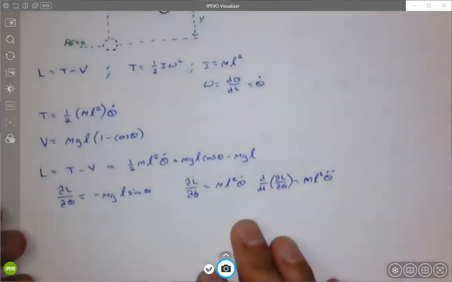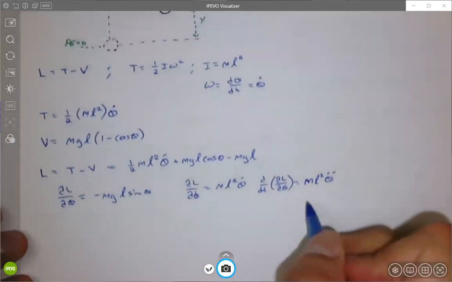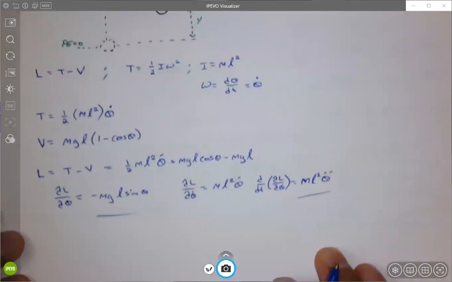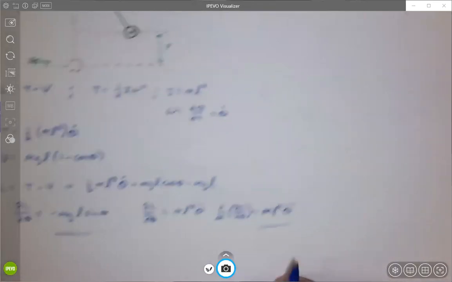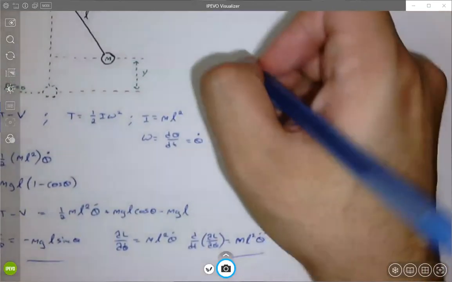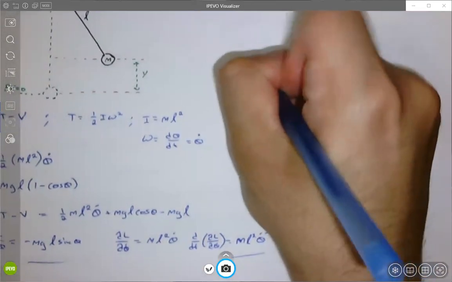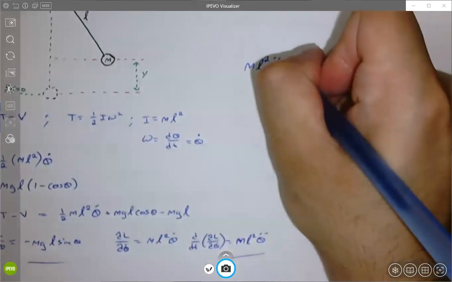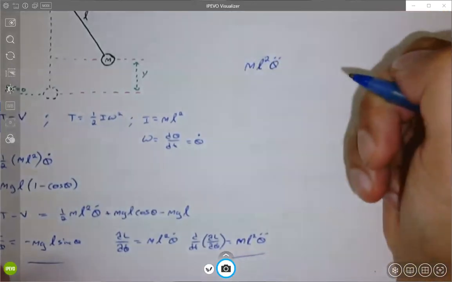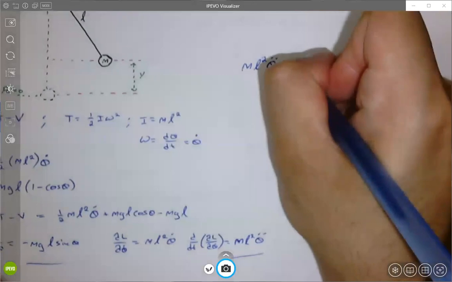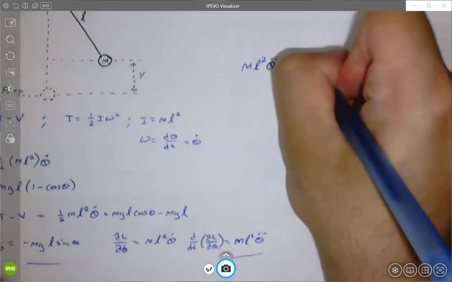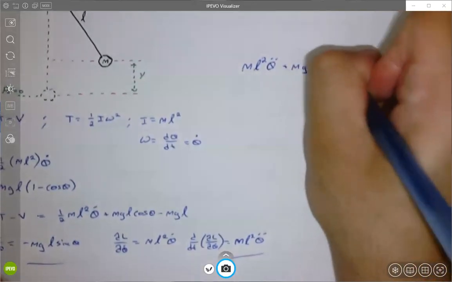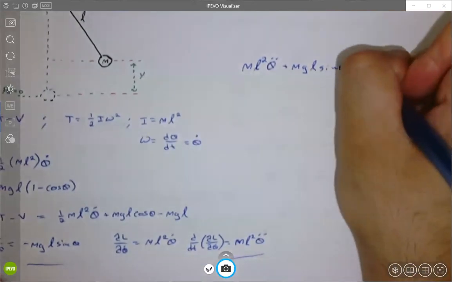It's exactly the same value, right? We plug this term in, we plug this term in to the Euler-Lagrange setup, and we will end up with, I'll write it up here, ml squared theta double dot minus the negative of this, which is plus mgl sine theta equals 0.